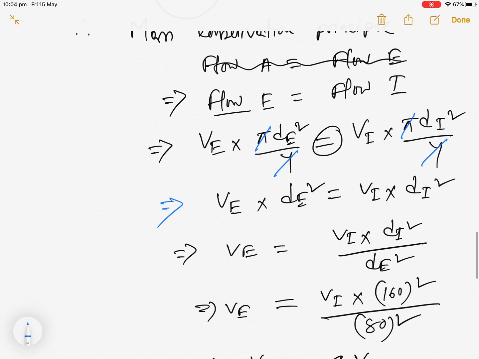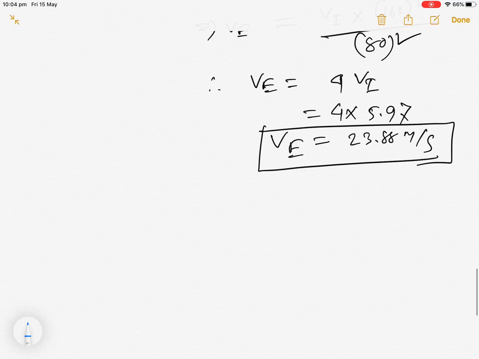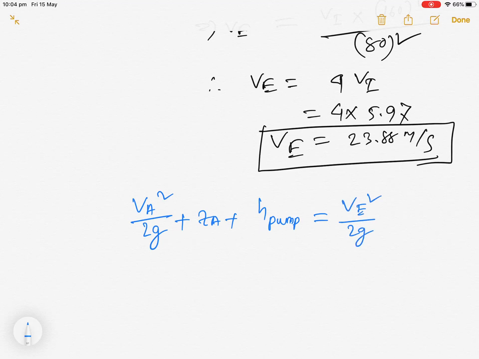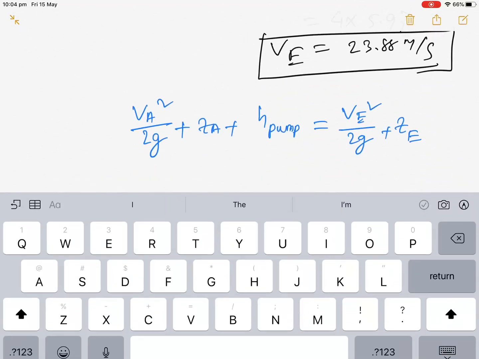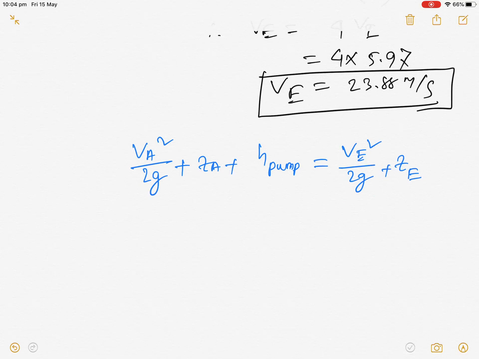So now what we can write from this expression is something like this: VA square over 2g plus ZA plus the pump head equals VE square over 2g plus ZE. And we already have the energy losses, which is 0 here.